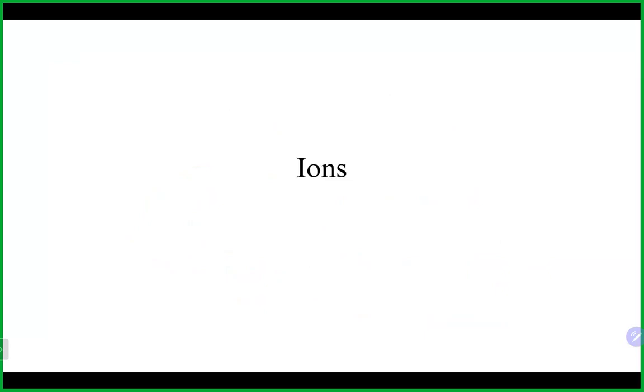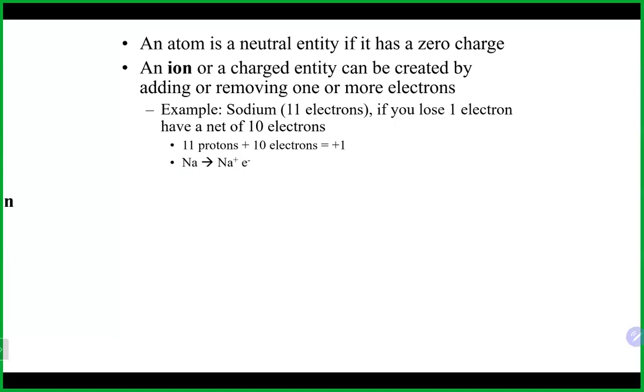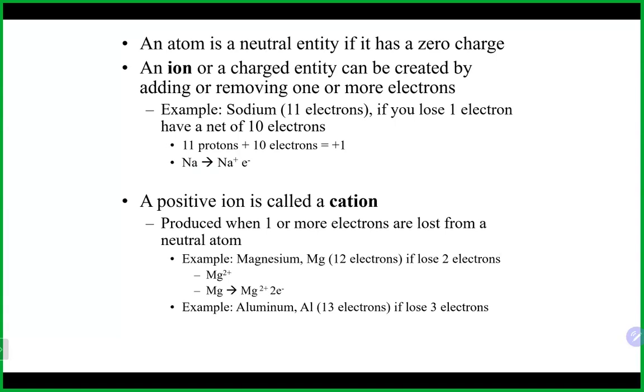All right, so ions, which we touched upon earlier, just to remind everybody, an ion is something that has a charge, and there are two types of ions. A cation, which is positively charged, and anions, which are negatively charged. A cation is a result of, as we talked about, somebody losing electrons.